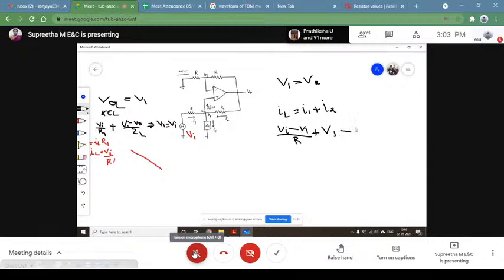(V1 minus V0) by R, which is equal to our load current IL. Now find out the expression for V1 voltage, simplify it and tell me what is the expression for V1.